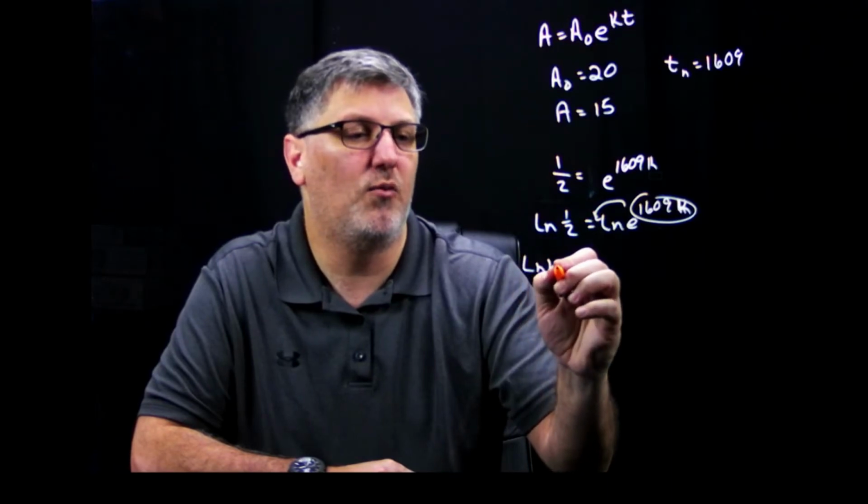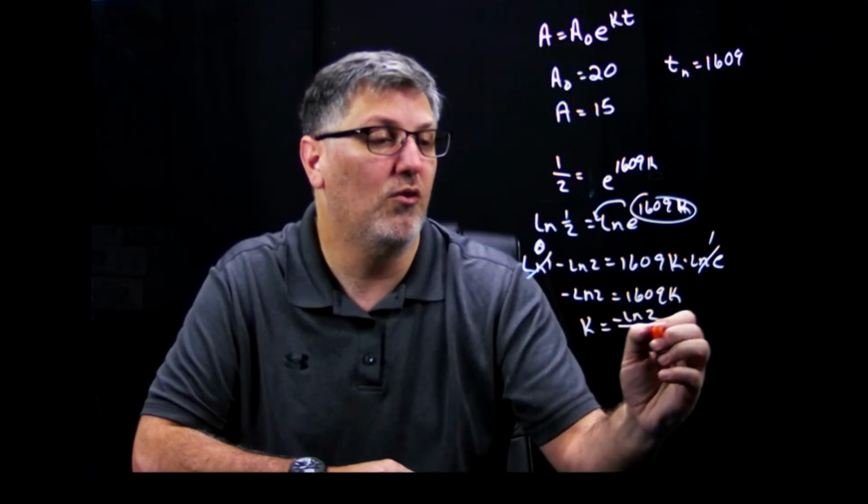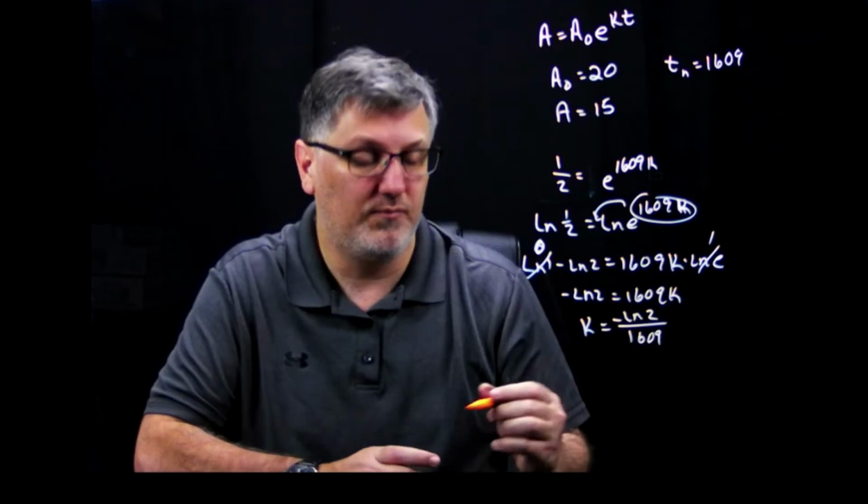I've got ln of 1 minus ln of 2 equals 1,609k times ln of e. Well, ln of 1 is 0 and ln of e is 1, and I get negative ln of 2 equals 1,609k. I can divide by the 1,609, and I get k equals negative ln of 2 over 1,609.